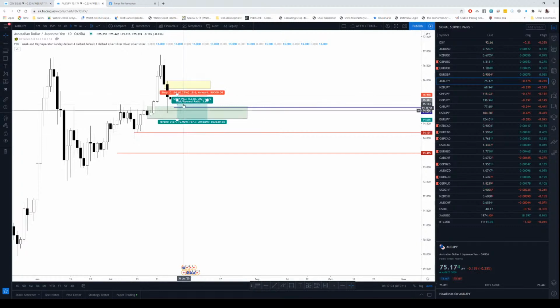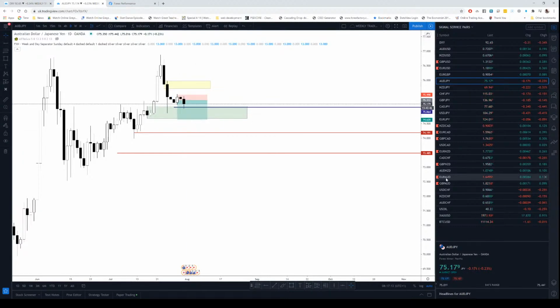So probably this is the time for Aussie to do its bit as well. So the best one to take will be this one here. Okay, use the weakness in Aussie New Zealand to take Aussie yen if you want to do so.